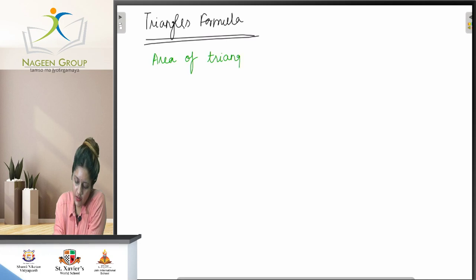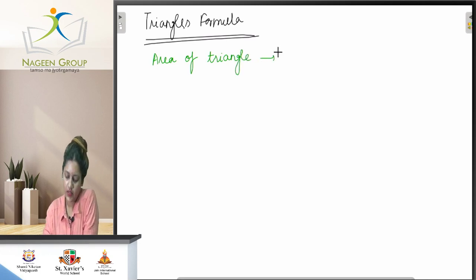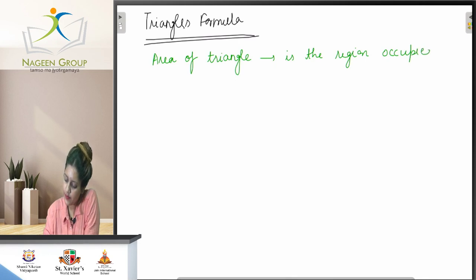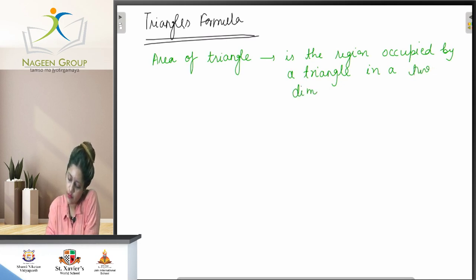Area of a triangle is the region occupied by a triangle in a two-dimensional plane.